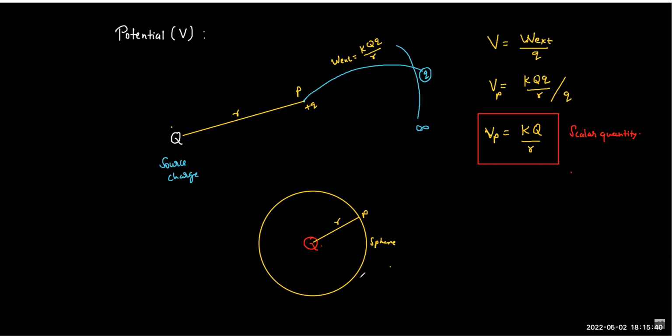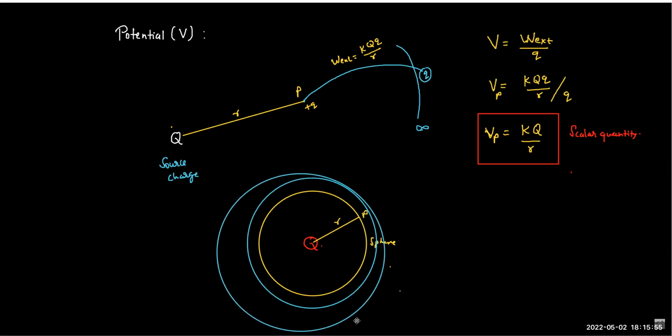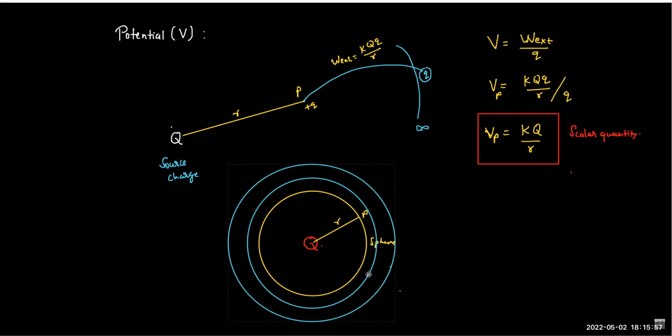So any concentric sphere that we can draw around the charge will represent a surface. Understood? Yes, sir. So every surface around the point charge will represent a surface, and this surface will have the same potential.